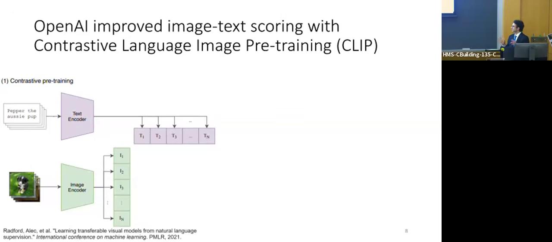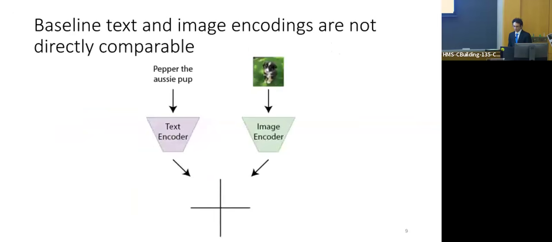But although these separate models were very informative, they produced computational representations of this underlying data that, while informative, couldn't be directly compared. What I mean by that may be more clear once I go through this example. Let's say we have some text about captions of dogs, and then we have some images of the dogs. And let's say we take our text and we pass the text through a text encoder. Now, in reality, that's going to generate some extremely high dimensional vector that exists in this high dimensional latent space.